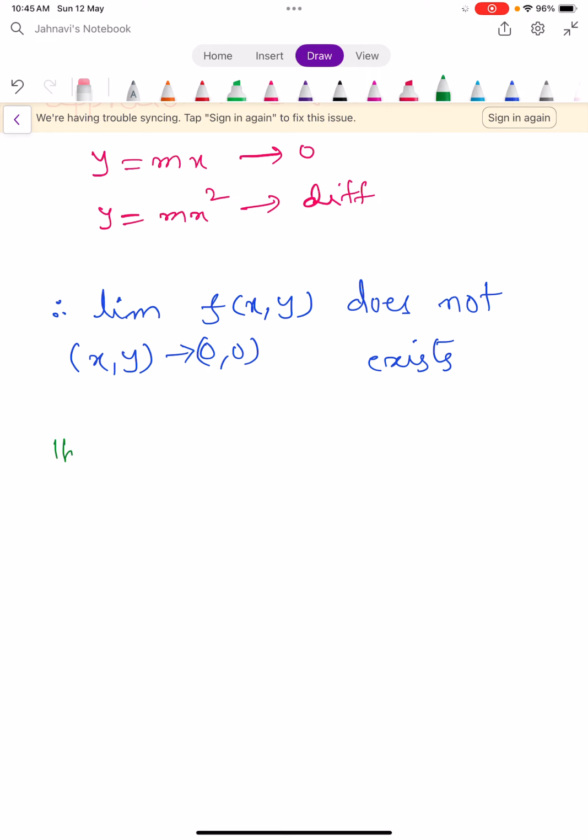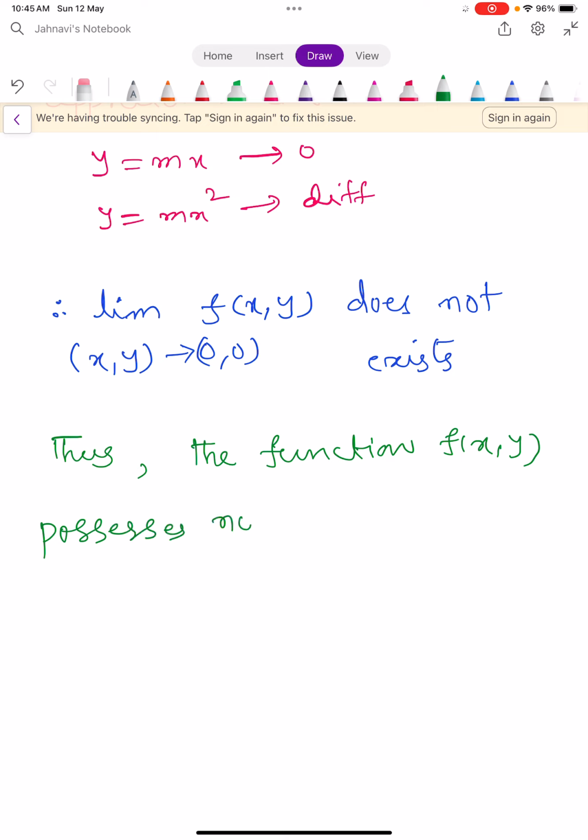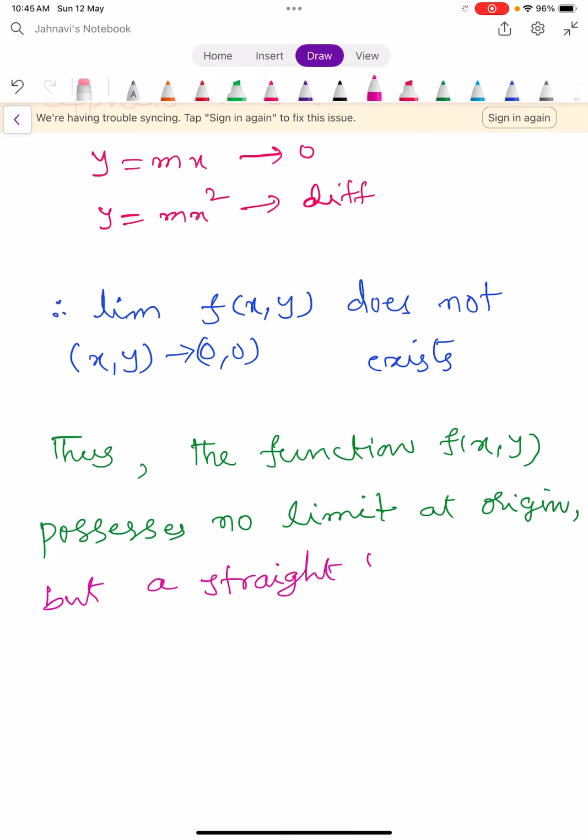Thus, the final conclusion. The given function f(x, y) possesses no limit at the origin, but a straight line approach gives the limit.